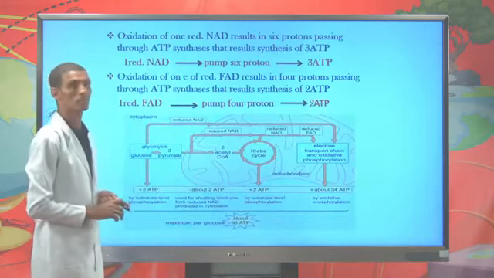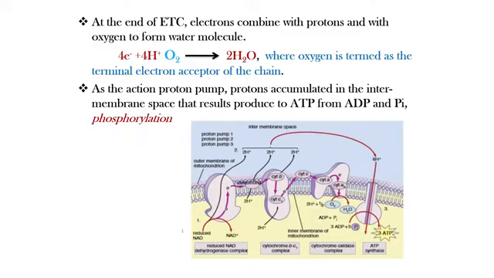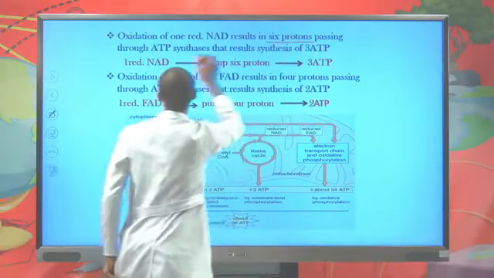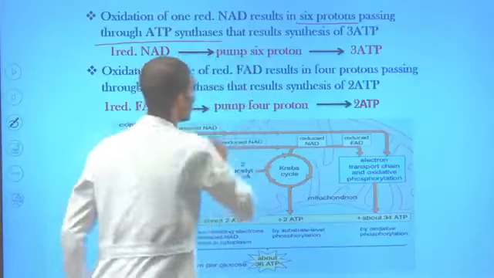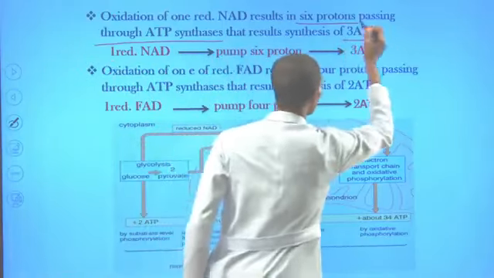Let's see this one. The oxidation of one reduced NAD molecule results in 6 protons passing through ATP synthase, which results in the production of 3 ATP molecules.